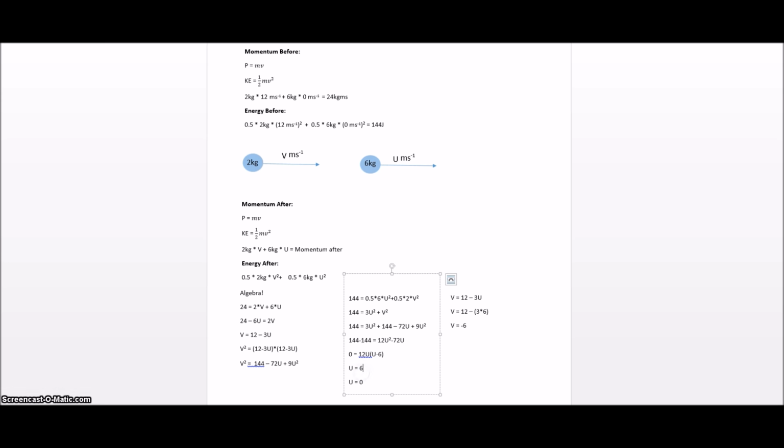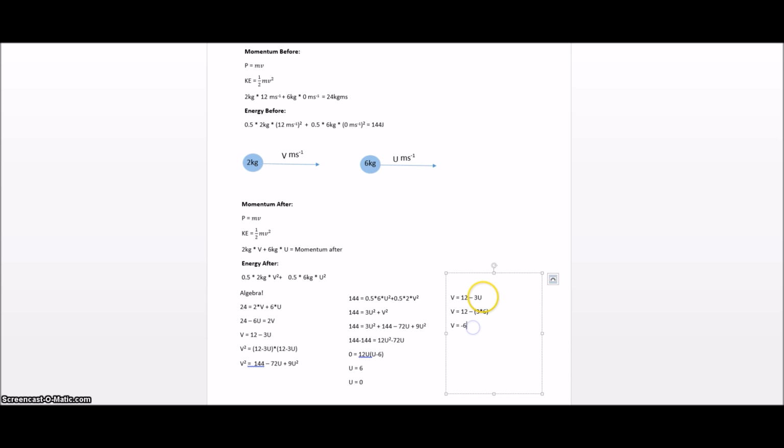We know that u is 6, or u is 0. So v equals 12 minus 3 times 6, which is 18. So 12 minus 18 is minus 6. So v is equal to minus 6, u is equal to 6.